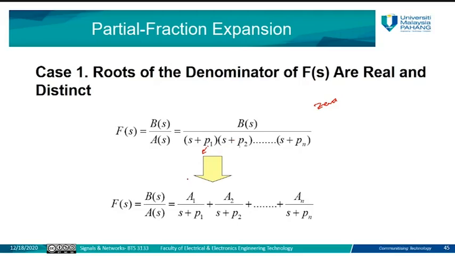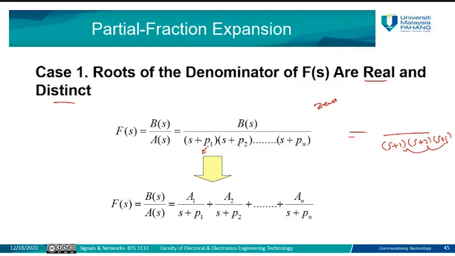Then if these poles are different, that means I do not have repeated poles. For example, the function is s plus 1 times s plus 2 times s plus 3. None of these poles are the same, like 1, 2, 3, 5, 10, 7, and so on. In this case, we call the poles real and distinct.